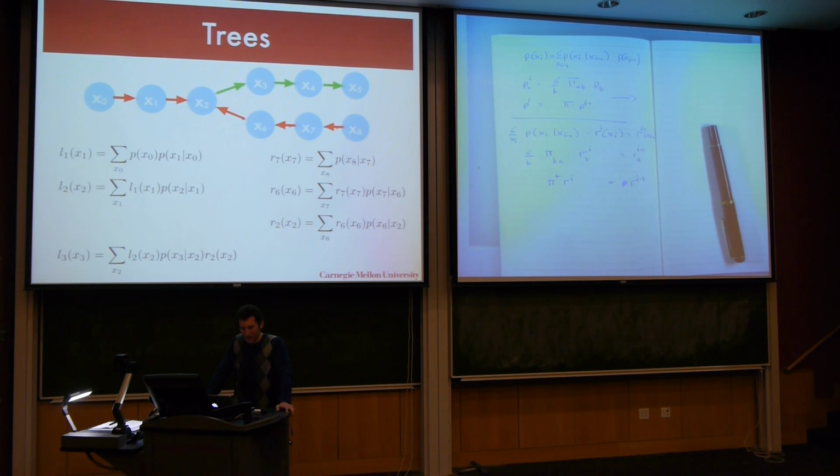And if I then wanted to compute any information about the distribution of x5, suppose I only observe x8, but I'm interested in the distribution over x5, I need to sum over all the other variables but x5. And so you get those right-hand side messages coming in from x8 until they reach x2.